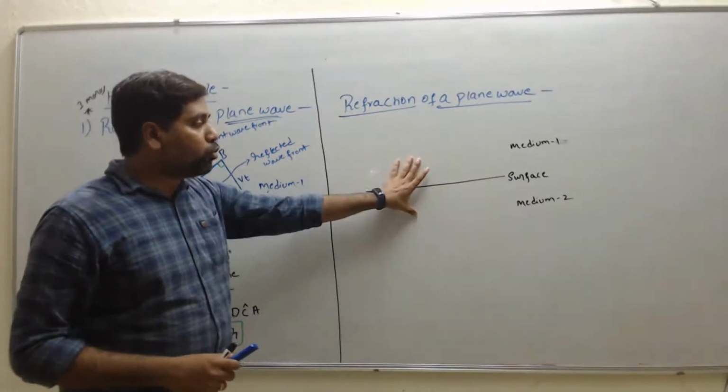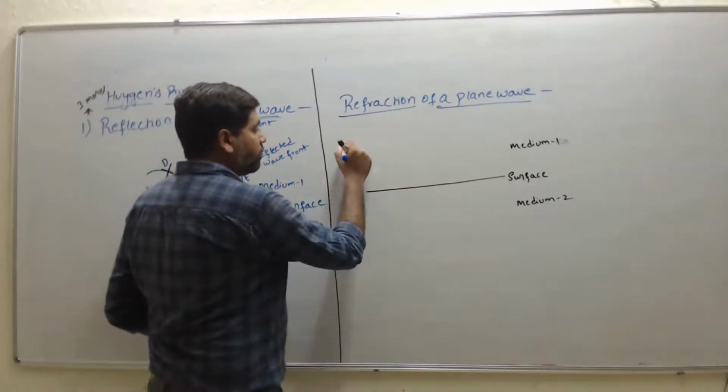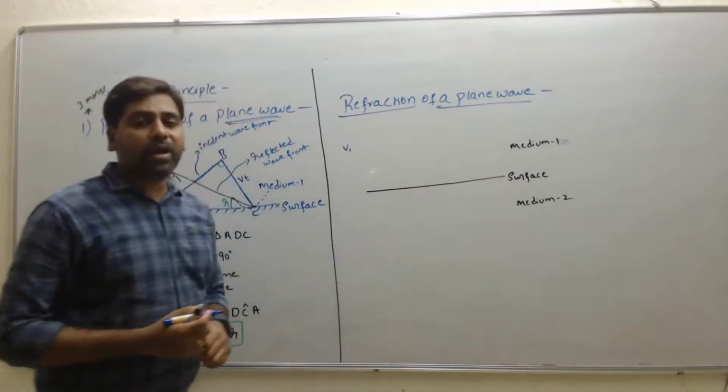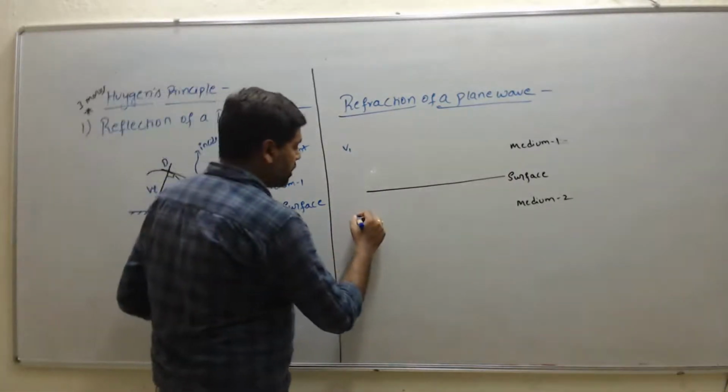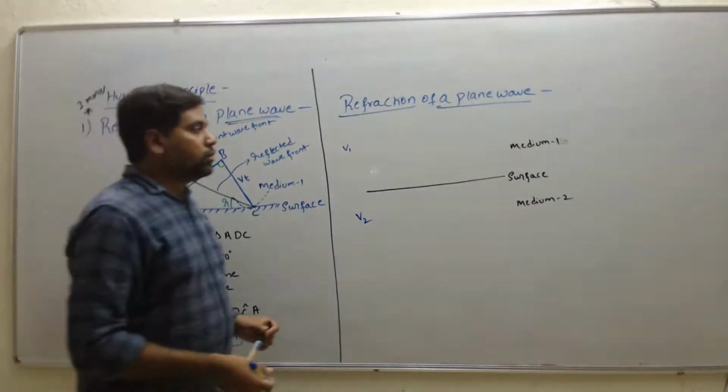Here we have two media, so we have two velocities. v1 is the speed in medium 1 and v2 is the speed in medium 2.